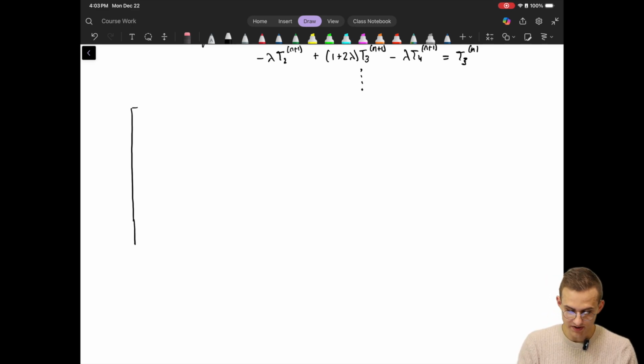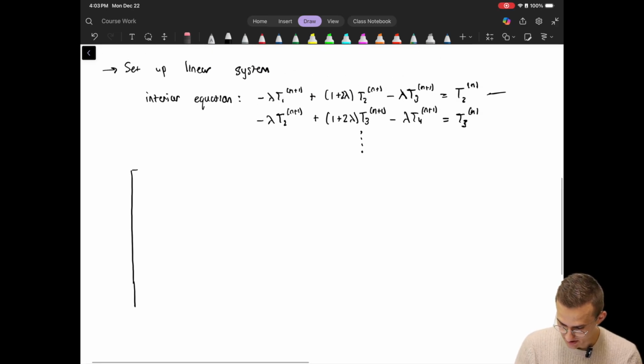In general, what you do is you apply the discretization to the boundary condition, and then that will allow you to solve for t0 for the first interior point. So the first line of this matrix is actually going to be for t1, which is not this equation here, right? So let me explain.